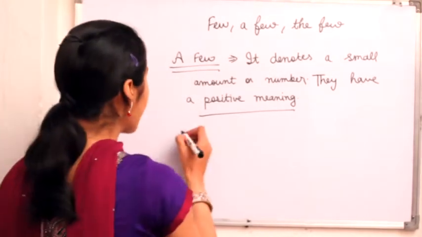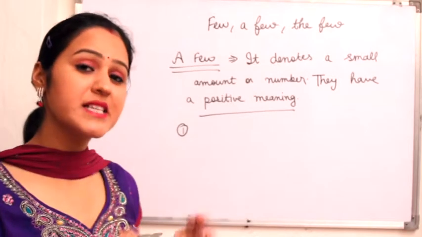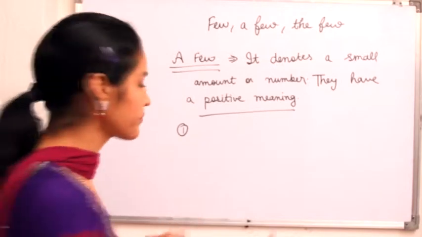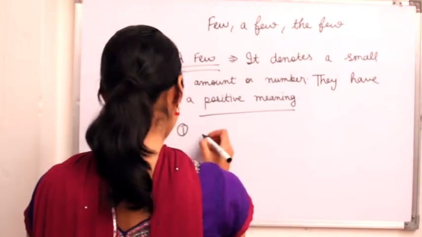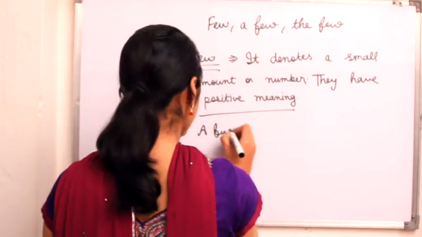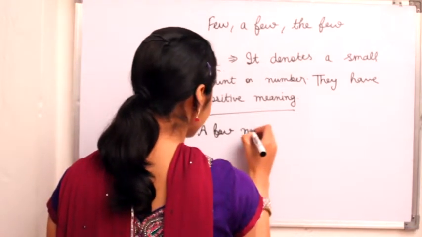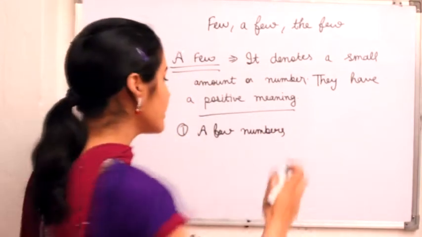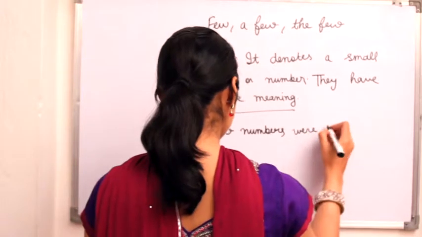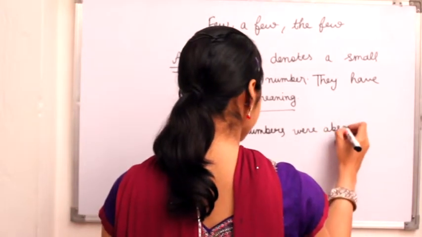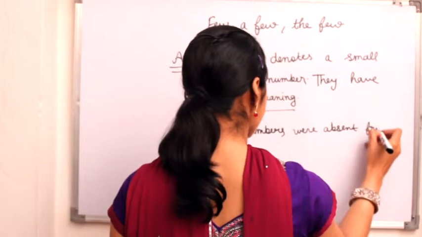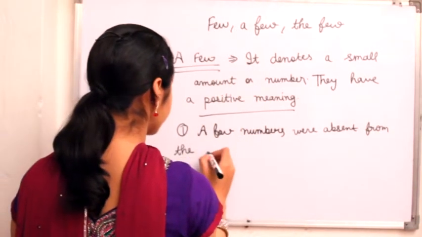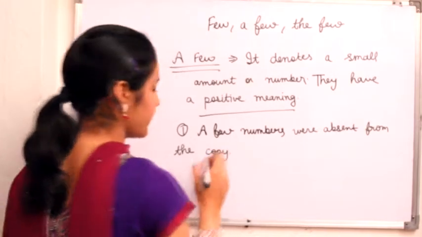So here I explain using some sentences. Why do we use a few here? I write here: A few numbers were absent from the copy.